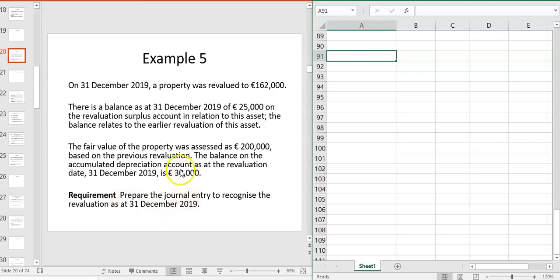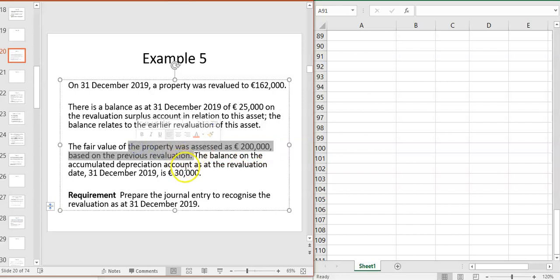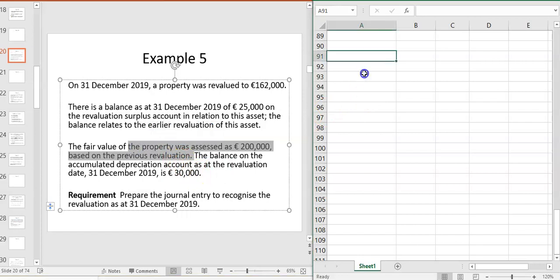So what essentially we're saying here, it's important that we watch exactly what information is given. We're told here, number one, the fair value of the property was assessed at 200,000 based on a previous revaluation. The balance of the accumulated depreciation is 30. So we'll say the cost is 200 based on the previous revaluation. Now you can call it cost in inverted commas if you wish, because it's coming from a previous revaluation.